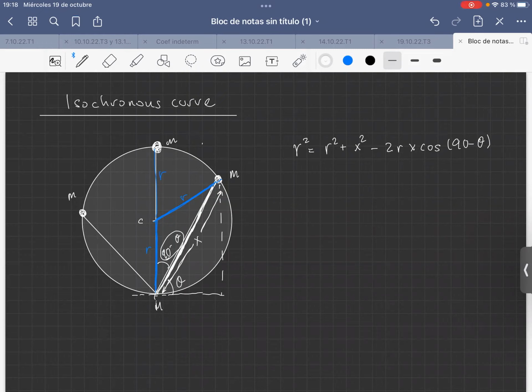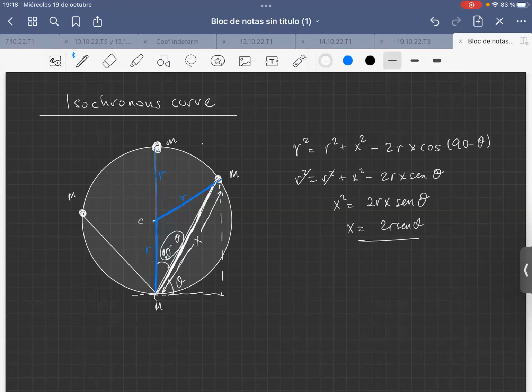But see that the cosine of 90 minus theta is exactly the sine of theta. So we can rewrite this very simply with the sine of theta. And from here, we can get the distance: x squared is 2rx sine theta, so x is just 2r sine theta.